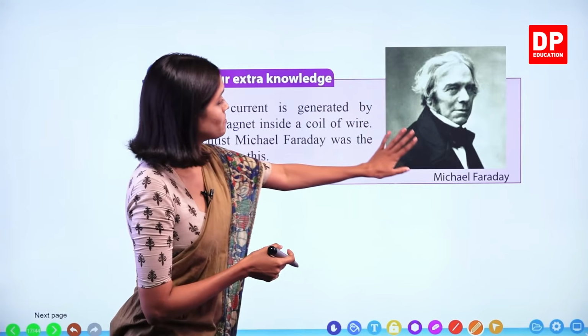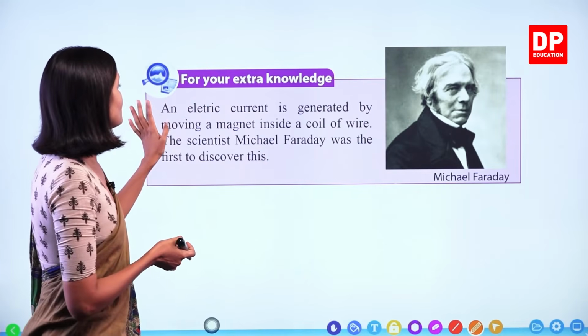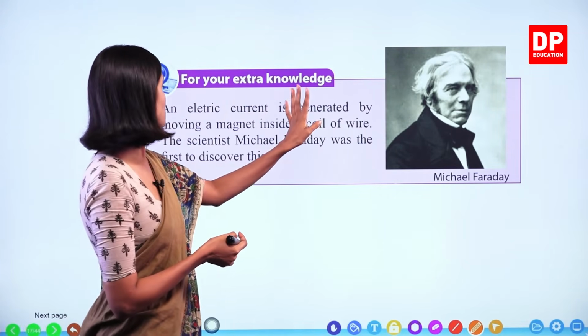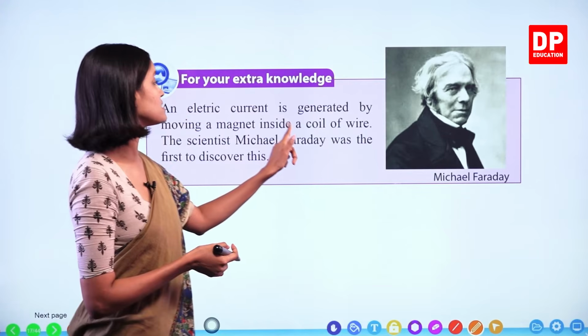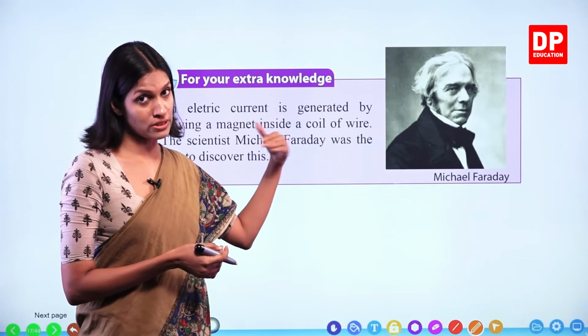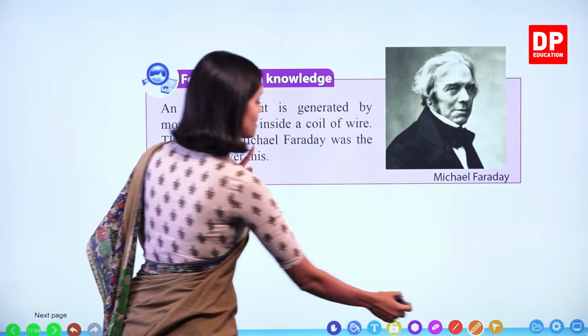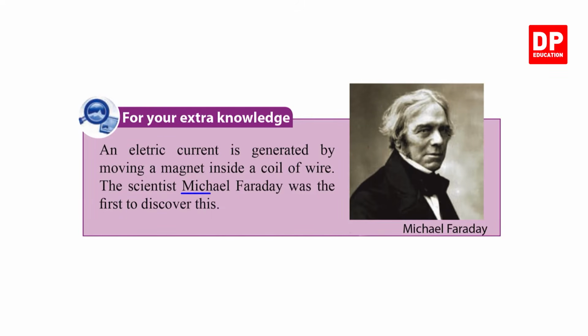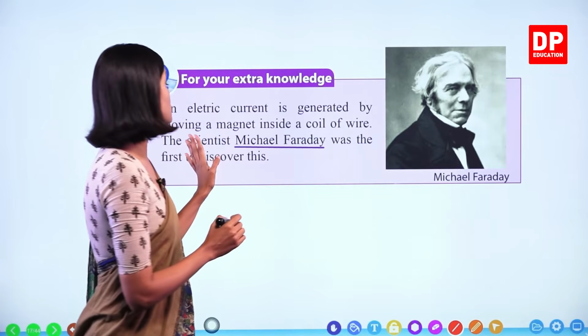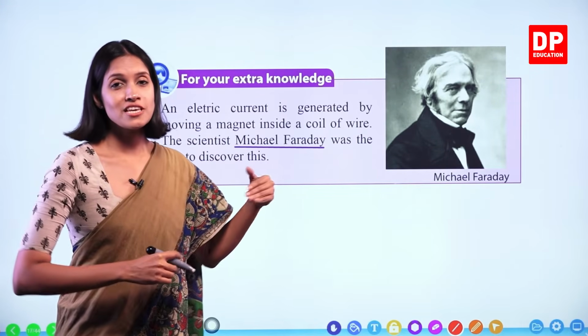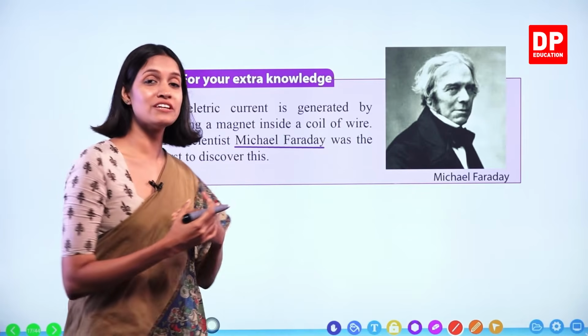Who's this person? Michael Faraday. An electric current is generated by moving a magnet inside a coil of wire. We already learned this one. The scientist Michael Faraday was the first to discover this. See how important this discovery is, children.